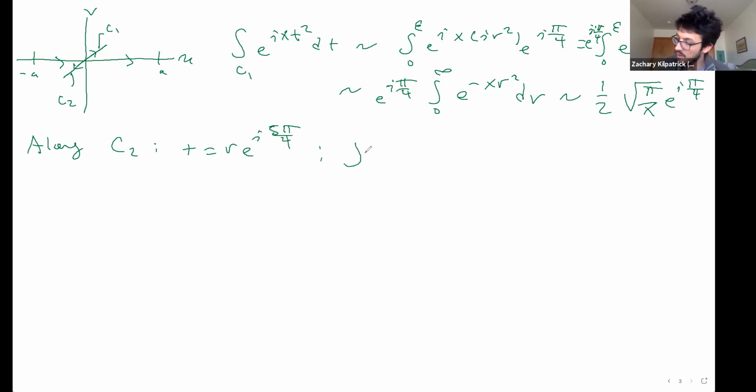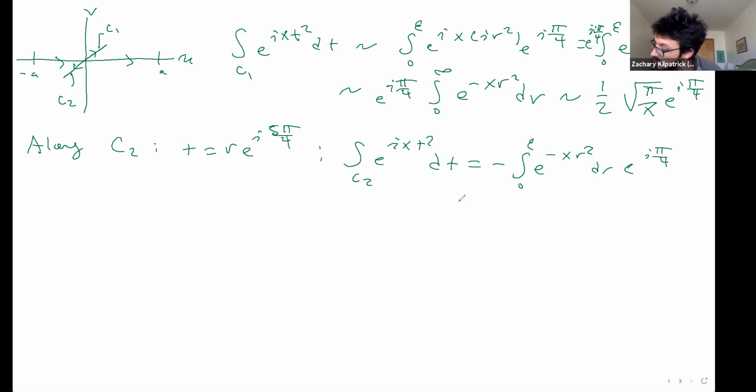In that case, we have the integral over C2 of e to the I x t squared dt equal to minus the integral from 0 to epsilon e to the minus xr squared dr e to the I pi over 4. And by the same token, we can approximate this as minus a half square root of pi over x e to the I pi over 4.